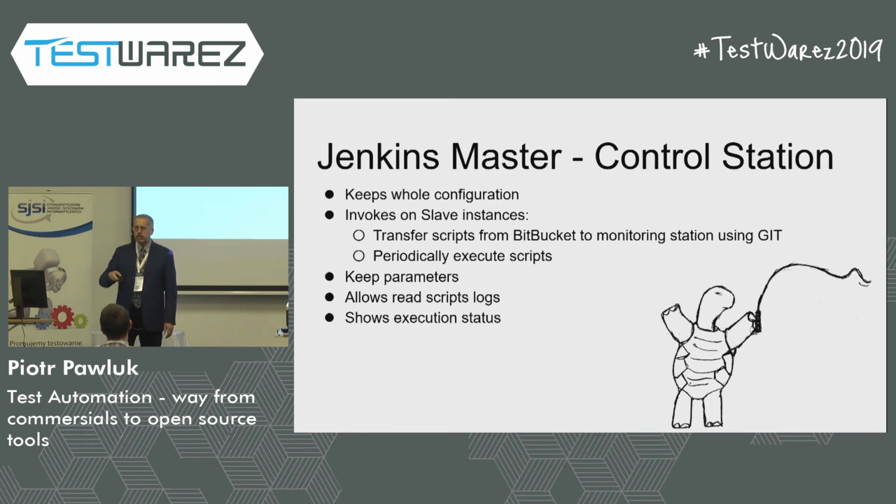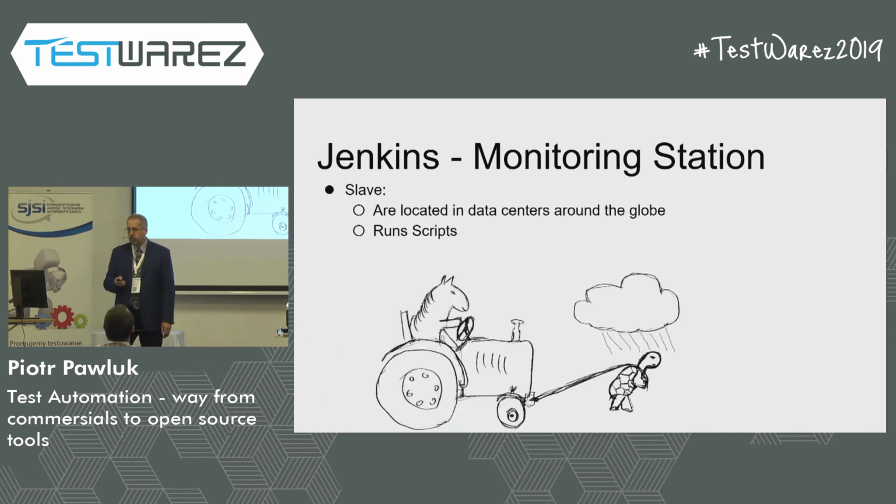So once per 15 minutes, once per 5 minutes, it executes the script, and the script itself sends the metric and so on. In Jenkins, we could keep parameters, we can keep the passwords. From Jenkins, we can read the logs from the execution, what was visible. And of course, it shows the status if it is red, green, and so on. On the monitoring station, we just installed the Jenkins slave, and everything else was installed automatically from Jenkins.